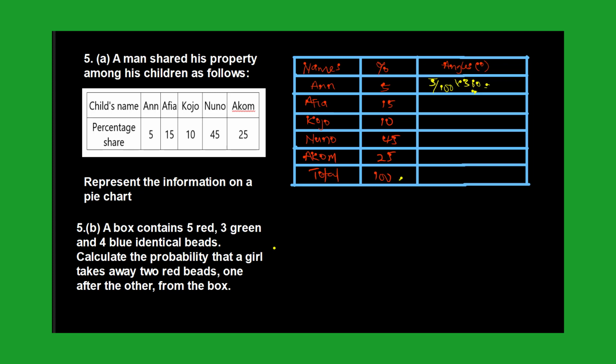So Anne will be 18 degrees, then Afia will be 15.